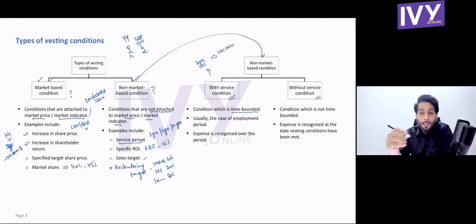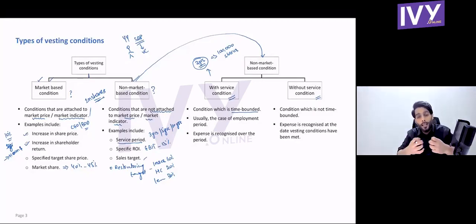So this is a share-based payment because we are offering them shares against their employment services, but this is time bounded. There is a vesting period defined, 3 years. Whenever there is any vesting condition which is time bounded, what do you mean by time bounded? That the time period, the duration has been defined. This type of vesting condition is known as a with service condition vesting condition.